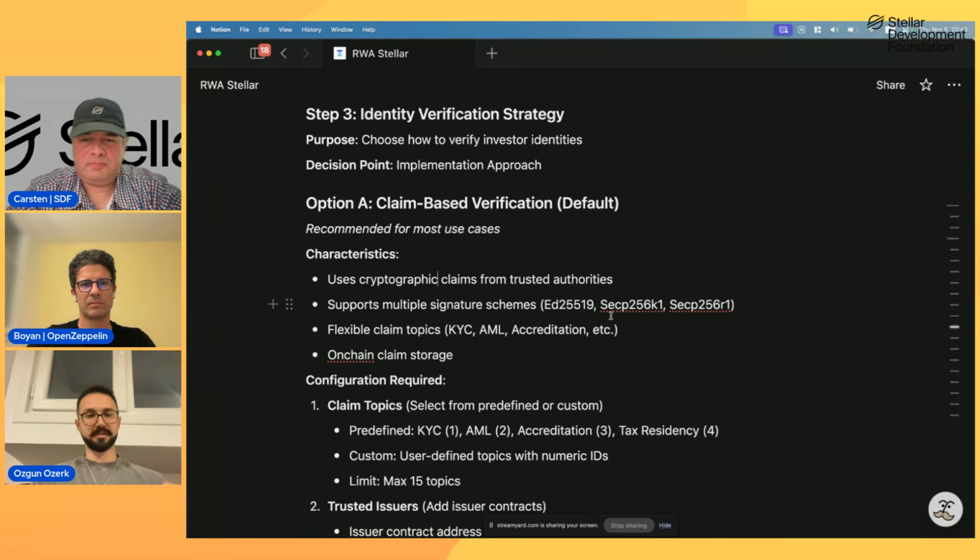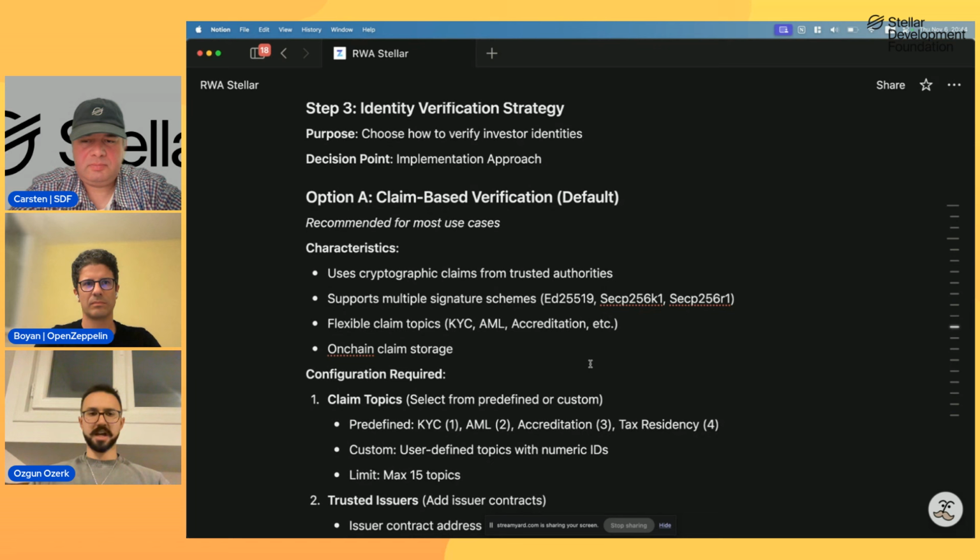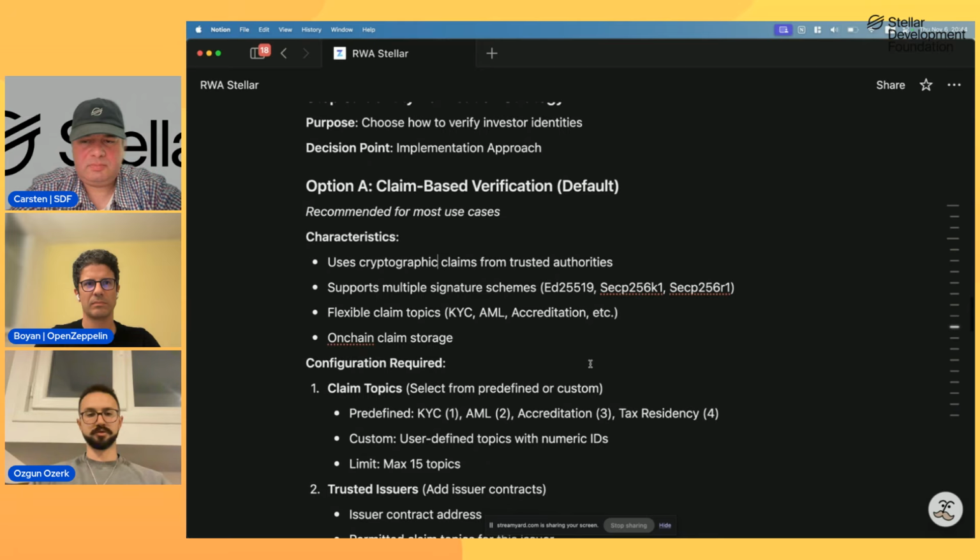So I need a residency claim issued for me by the authorities. One downside of this approach is that if it is not encrypted, then all the data for everyone, since this is on-chain data, can be seen by everyone. So this is very useful, but if you care about privacy, it may not be the best solution.